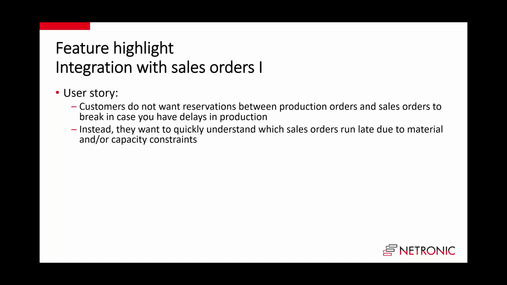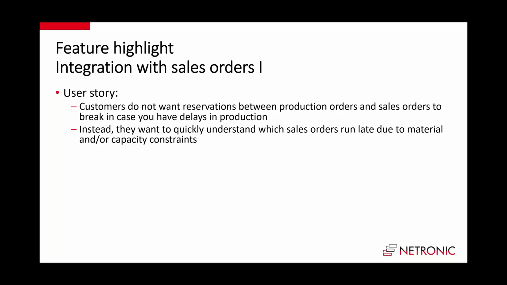And we all know that the reality in Business Central is different. If you move a production order past the required shipment date from the sales order, then you get a warning. You have to delete the reservation, then you have to move the production order, and you have to remove the sales order due date, and then you have to re-establish the reservation.